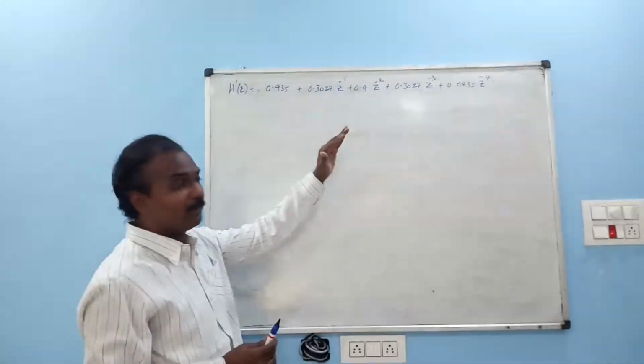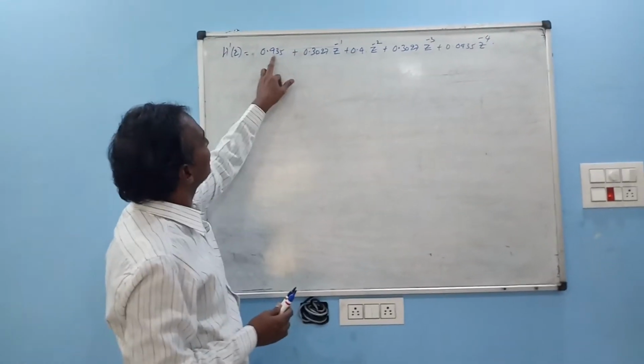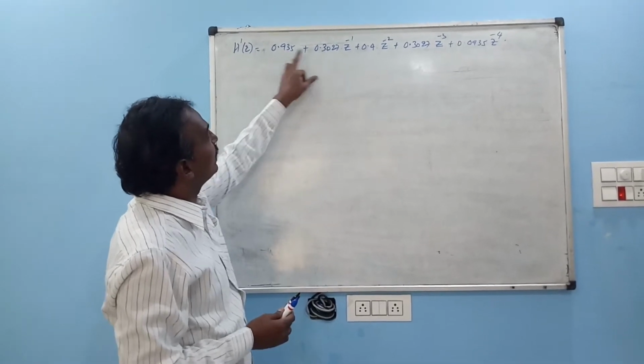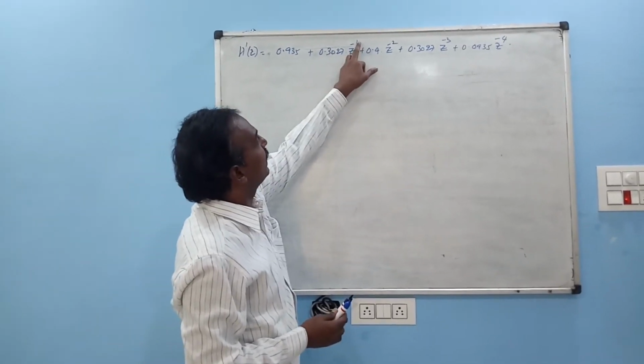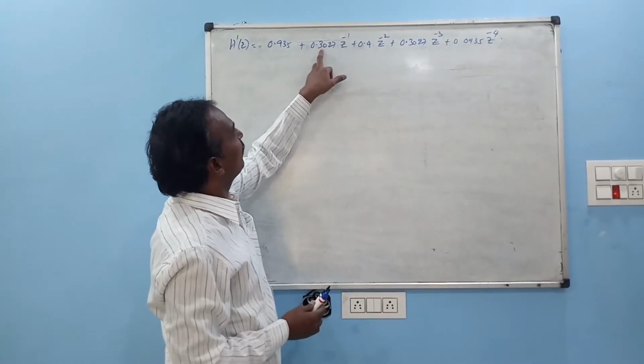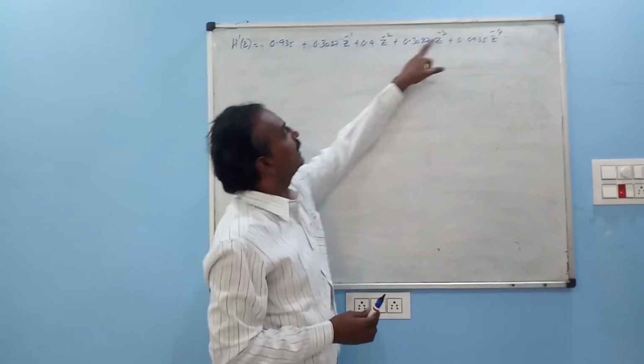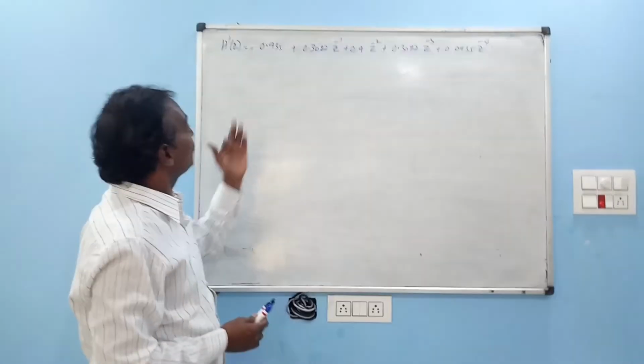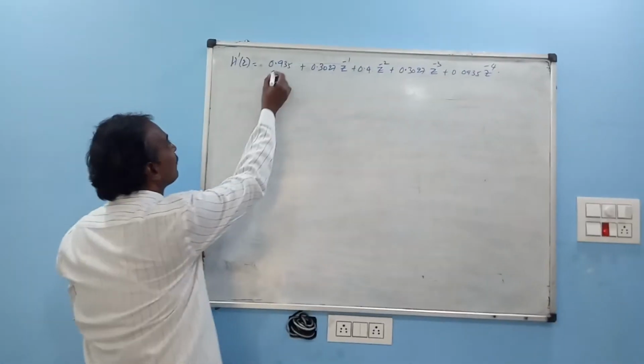So if I write in order, h dash of z, now we shifted by 2 units. For n equal to 0, this is h of 0. This is h of 1, z power minus n means n is 1 here. So 1 means h of 1, this is h of 2, h of 3, h of 4. Whatever values we had earlier, this is our new value.